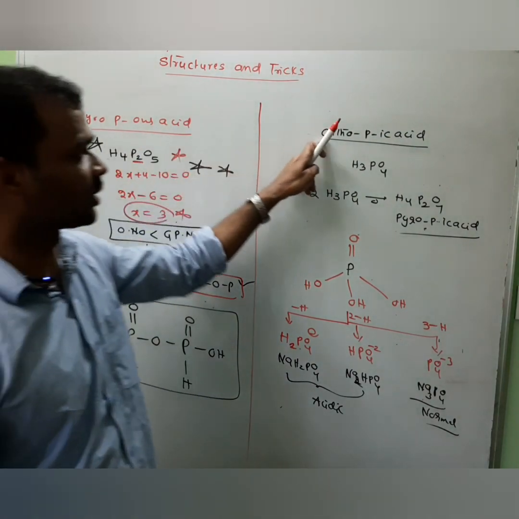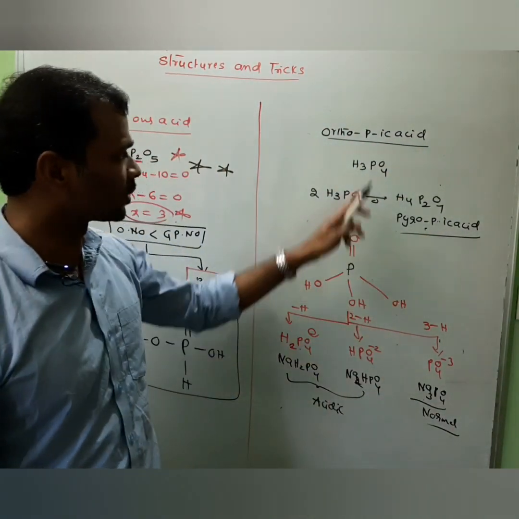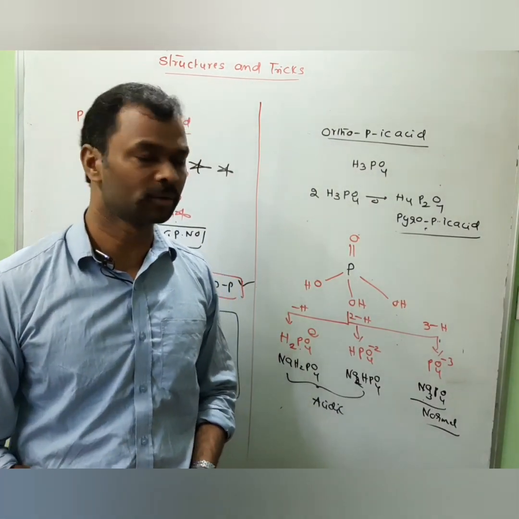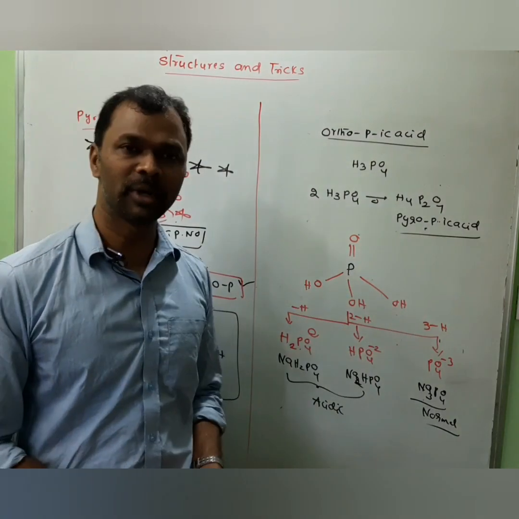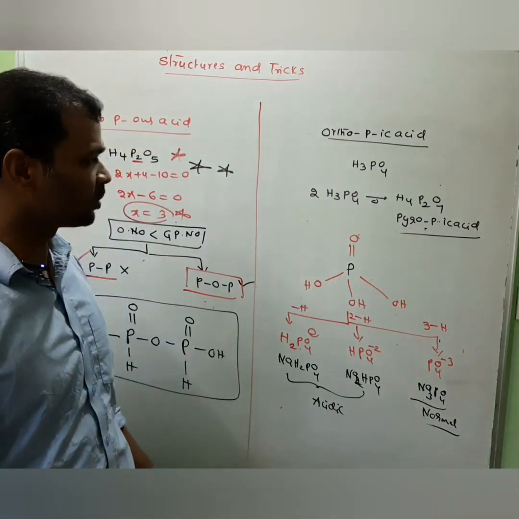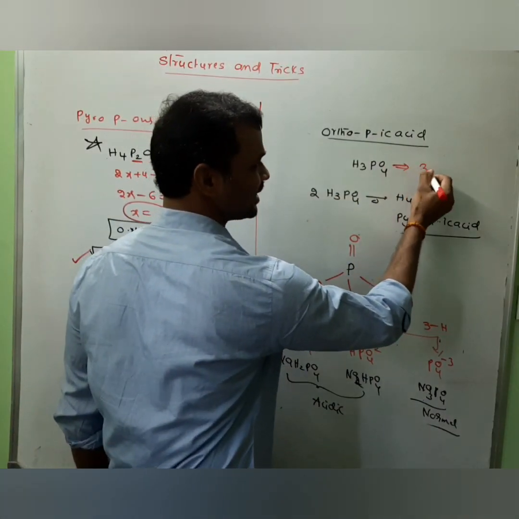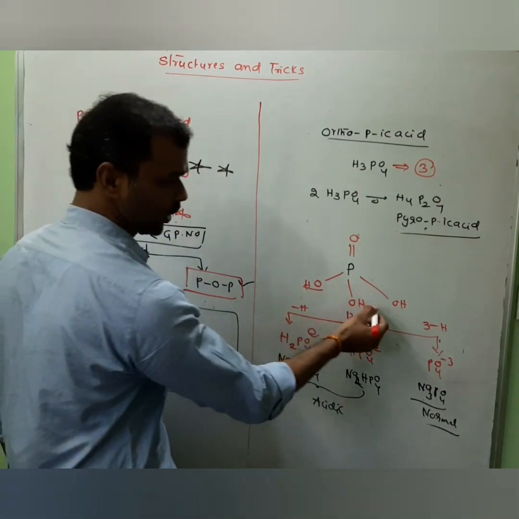Similarly, let us concentrate on orthophosphoric acid. The formula of orthophosphoric acid is H3PO4. When 2 moles of phosphoric acid are heated, we get pyrophosphoric acid. Now if you observe very clearly, its basicity is 3, which means we have 3 OH groups.